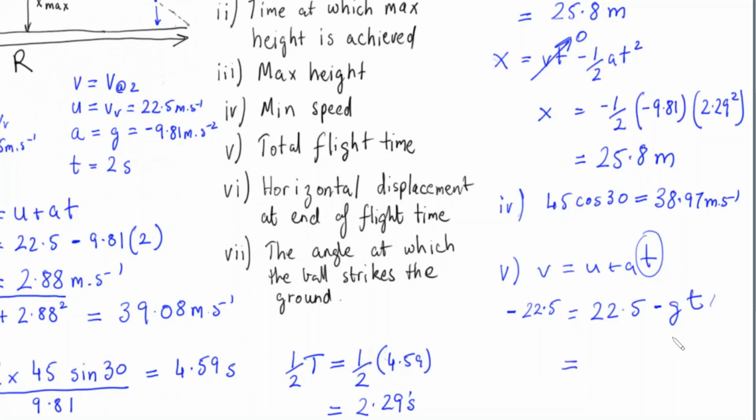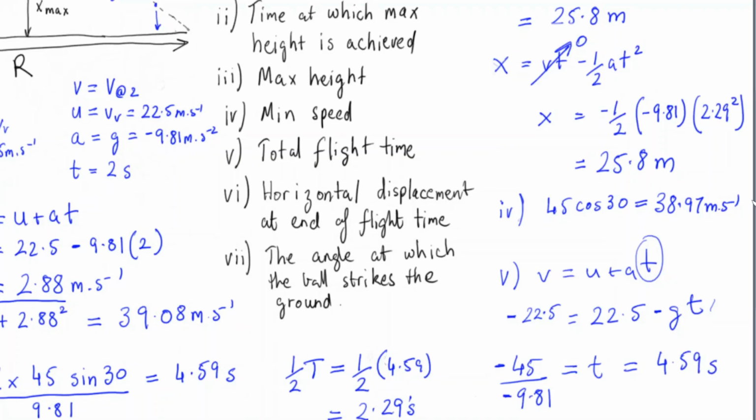So let's substitute all our numbers in, and I put that negative there just to account for the g. The g is actually 9.81, so let's go negative 45 divided by negative 9.81, and that'll give us our value for time, which is equal to 4.59 seconds.